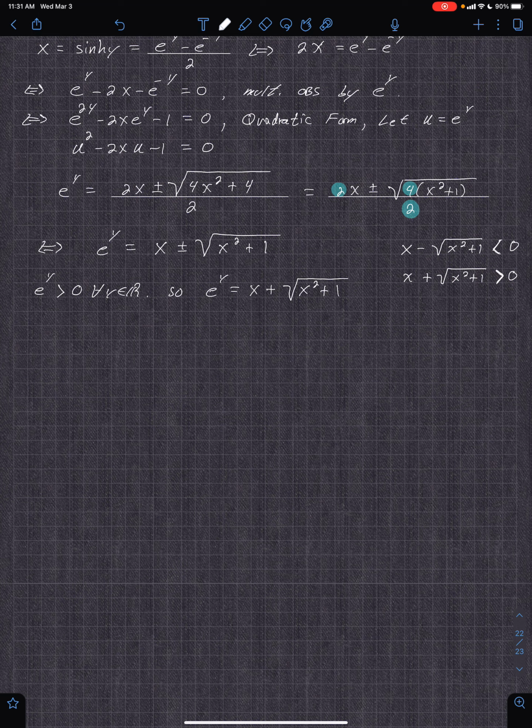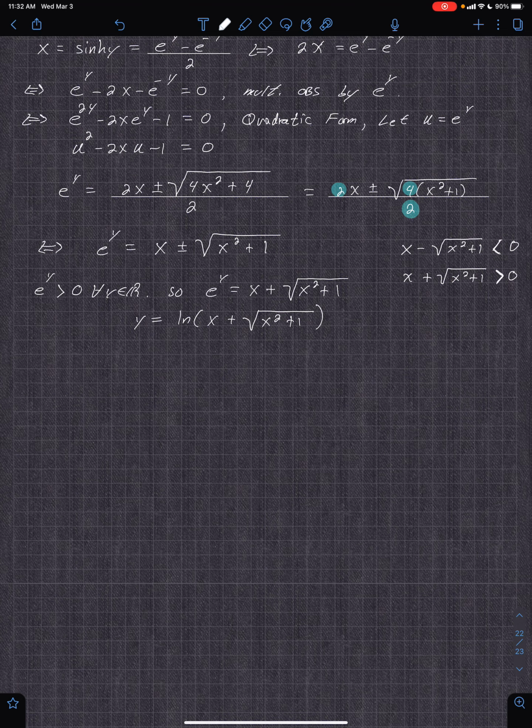And how do you get y down from there? What do you do? So you do ln on both sides, right? So you take the natural log on both sides, so you get y is equal to the natural log of x plus the square root of x squared plus 1.